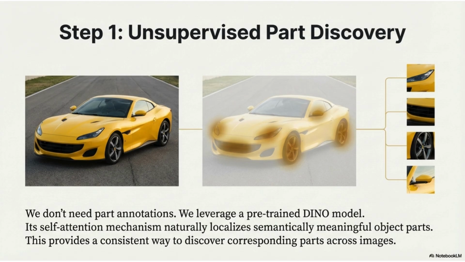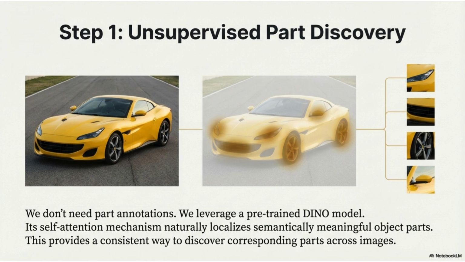Let's look at the technical execution. Step 1 is unsupervised part discovery. A key constraint here is that we do not use any part annotations or bounding boxes. Instead, we leverage the pre-trained DINO model. DINO's self-attention mechanism has an emergent property where it naturally localizes semantically meaningful objects.